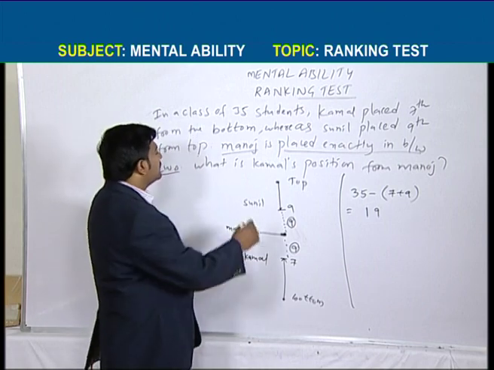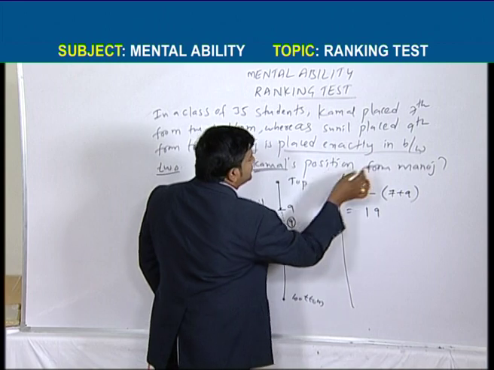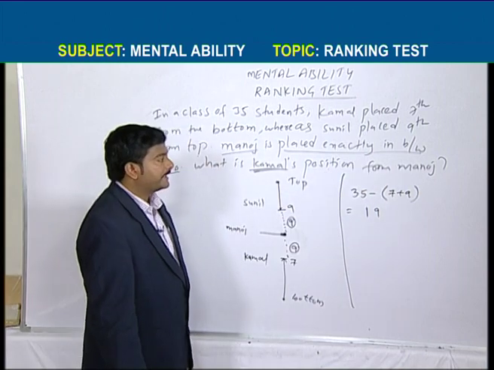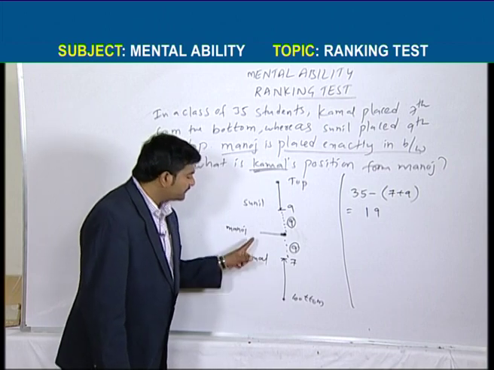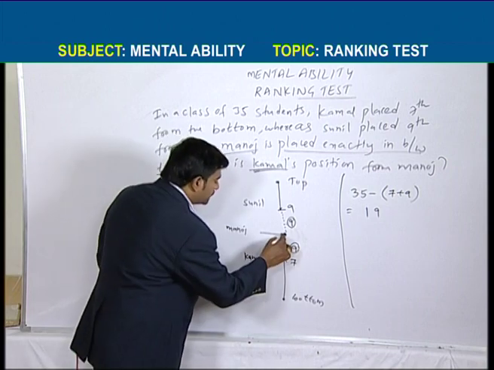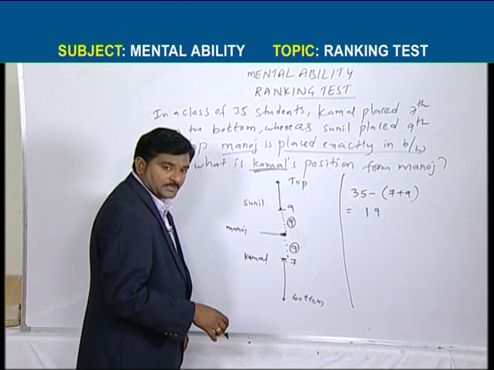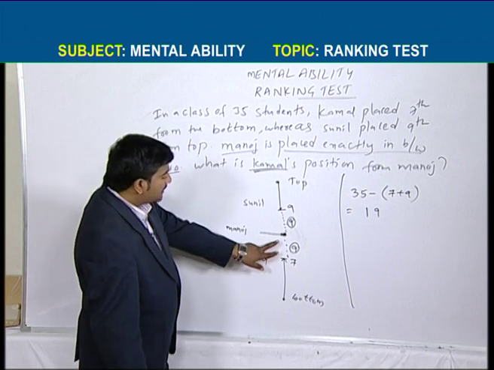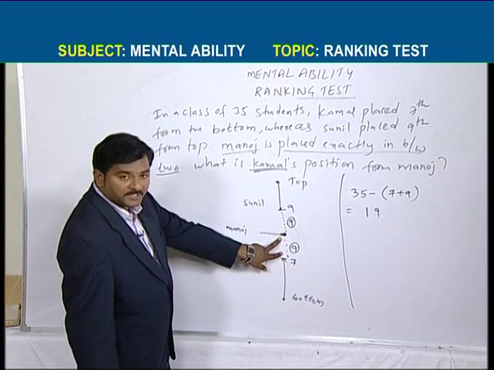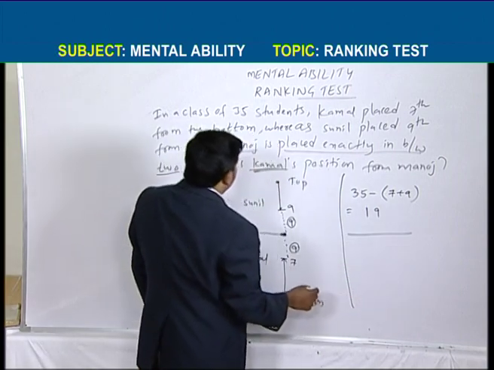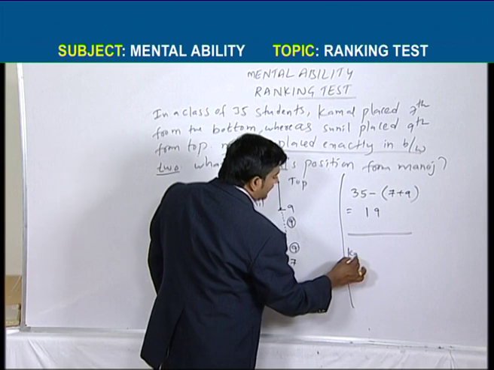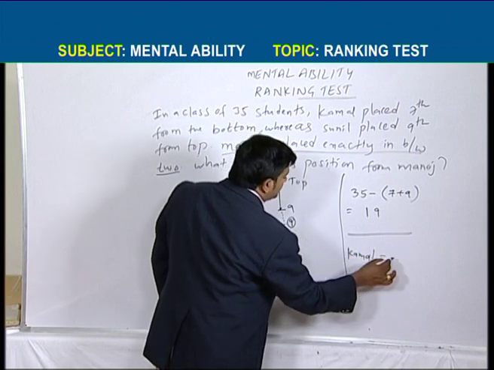But the question is, what is Kamal's position from Manoj? We have to find out Kamal's position from Manoj. Think that Manoj's position is 1. In between Kamal and Manoj, how many are there? 9 students are there. He asked to find out Kamal's position from Manoj.